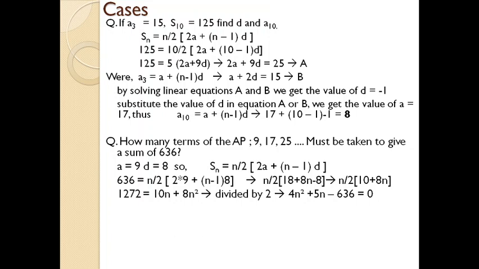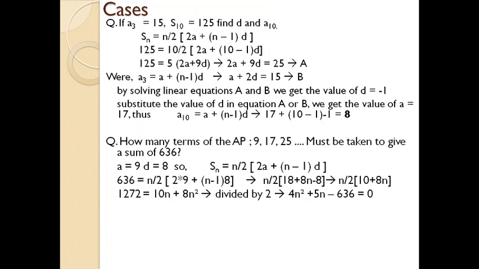Okay, let's deal with the previous steps. In the question it is given that the sum of the series is 636 and we have 9, 17 and 25 as the values in that series. On the basis of the given data, you will have a equal to 9, d equal to 8. You already know how you get d.